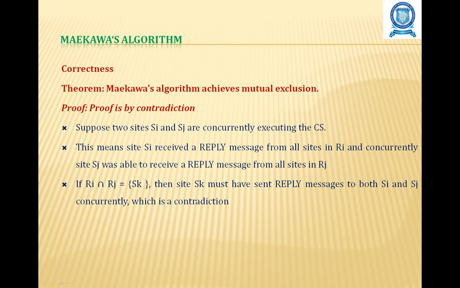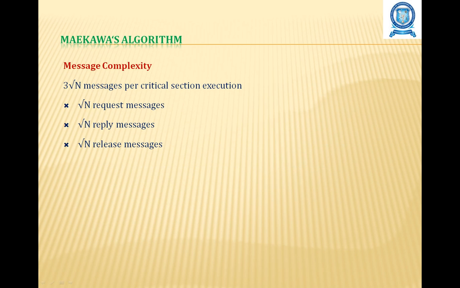So, if the intersection of Ri and Rj is Sk, then site Sk must have sent reply messages to both Si and Sj concurrently, which shows the contradiction.